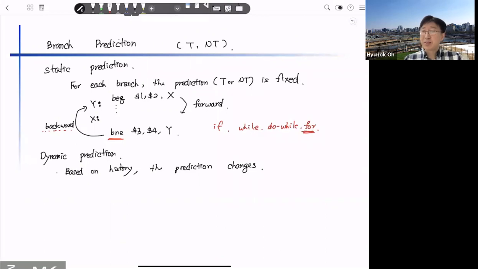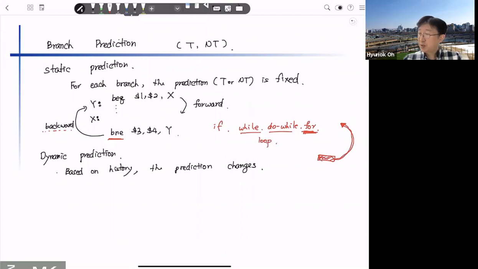The last one is checking and then it is forwarding, right? It's forwarding. So then this backward is something to go back. When this is happening, for, while, these are loops, right? Loop structure. So that is executed a lot.